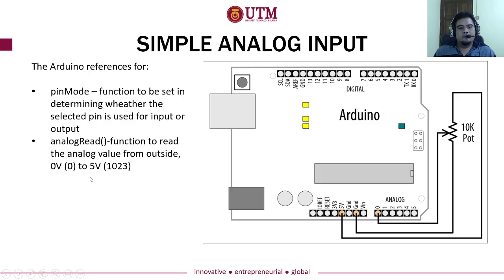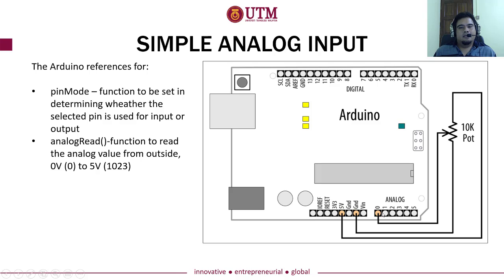For example, in programming, if you apply analogRead and the value going in is 0 volt, the output of this function is 0. But if the value on this line is 5 volt, then the function will return 1024, because of the 10-bit analog to digital converter inside this analog port.